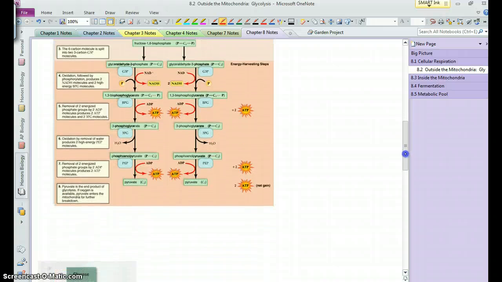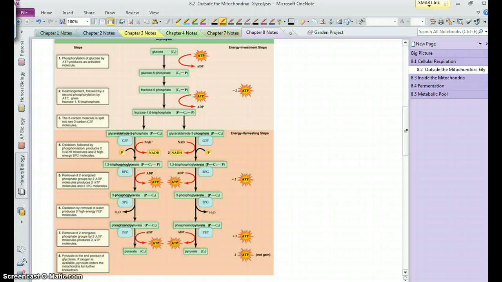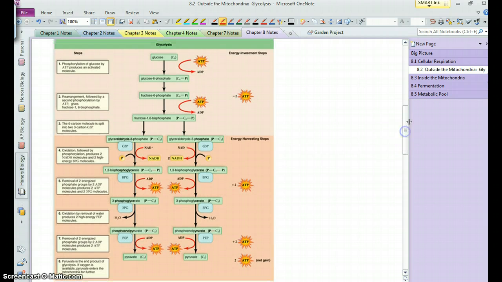Alright, so glycolysis. Here are the nitty-gritty details of glycolysis. This is an image from your textbook. Sorry, it's a little blurry here. So here, we're taking our glucose with 6 carbons, and in a series of steps, we are breaking it down into 2 pyruvates.